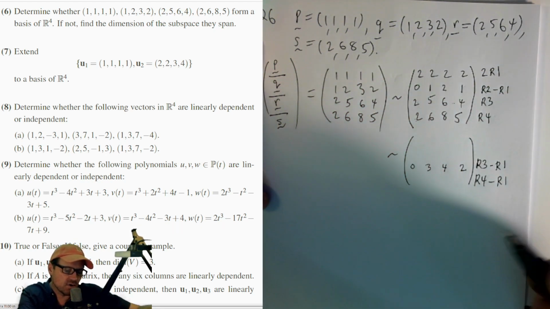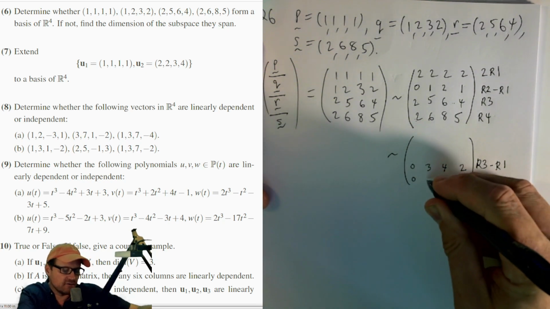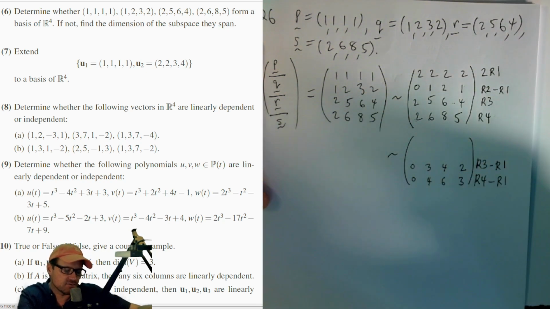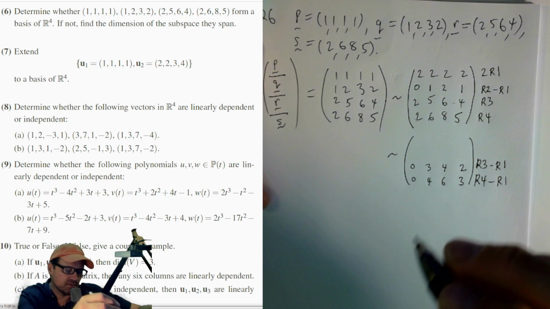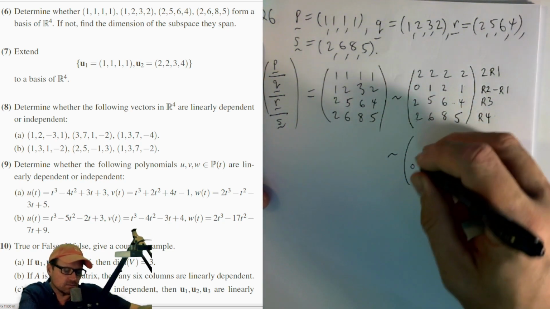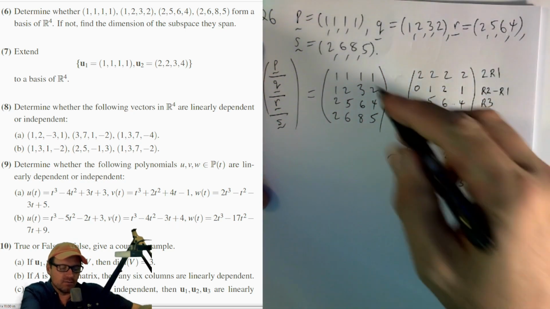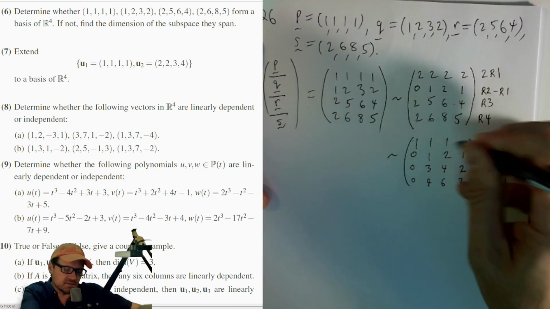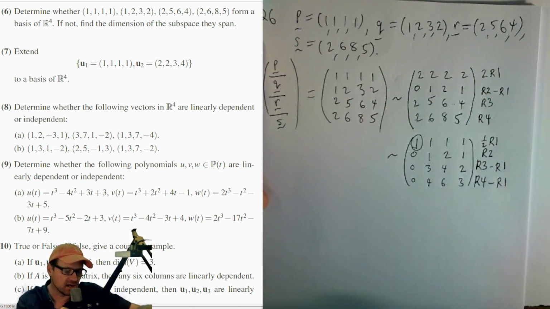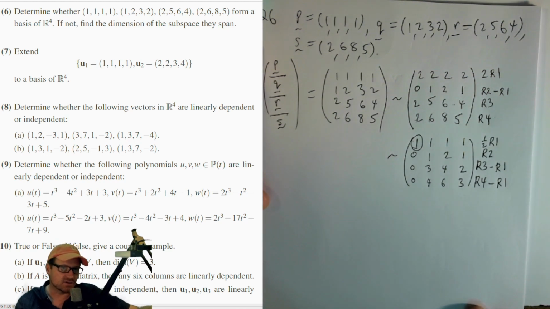Row 4 minus row 1 gives 0, 4, 6, 3. And let's keep row 2 the same for now. Let's multiply row 1 by 1/2, so we return it to the ones. Okay, so now we have our pivot there with zeros below it, so that's good.